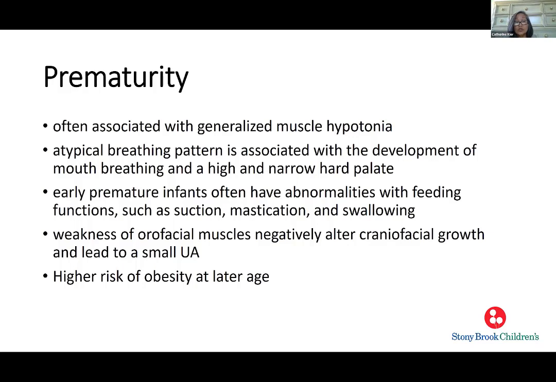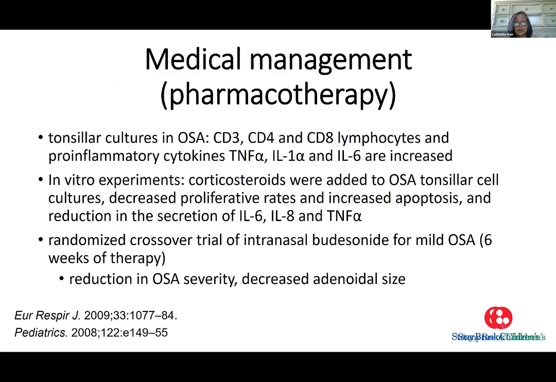There's also weakness of their orofacial muscles, which would negatively alter the growth of their upper airway, leading to a more crowded, small upper airway. Epidemiologically, a good number of premature babies end up with a higher risk of obesity at a later age.